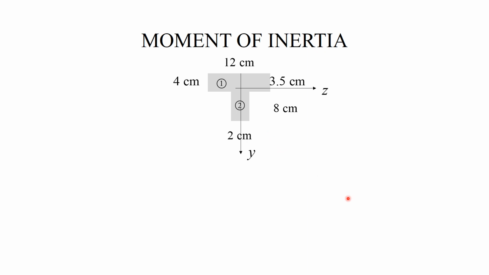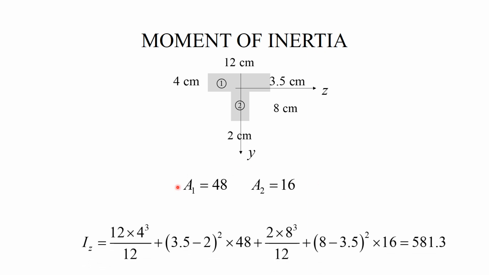Now, with this information in mind, I can recall that the areas of the flange and the web are 48 and 16 square centimeters respectively, and I can now use the parallel axis theorem.